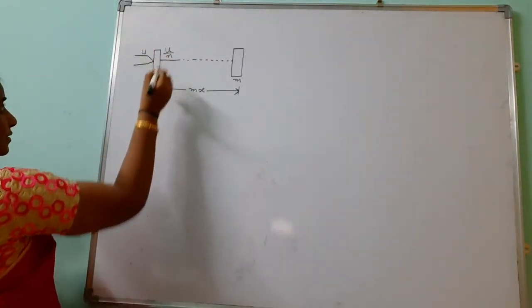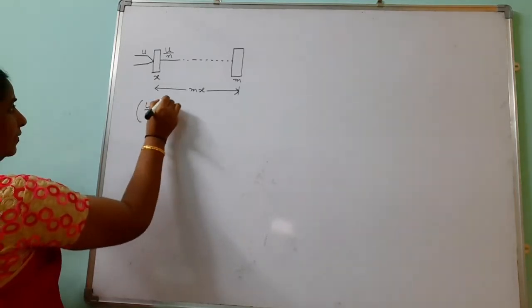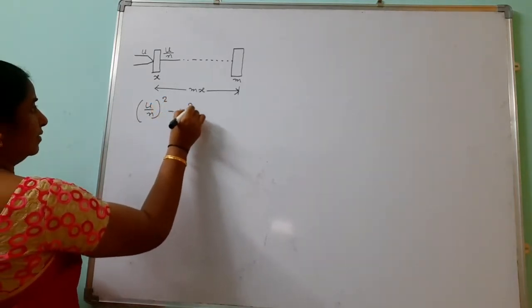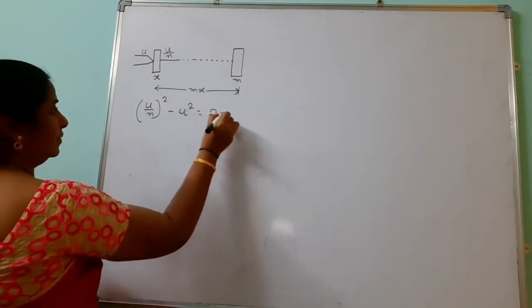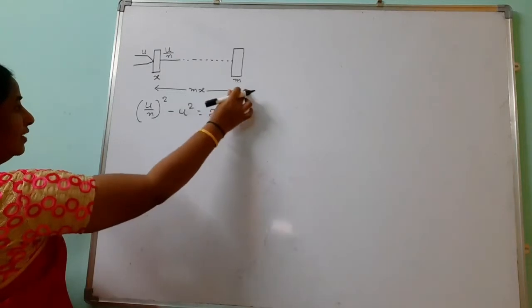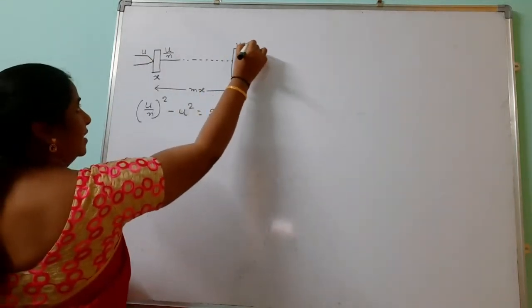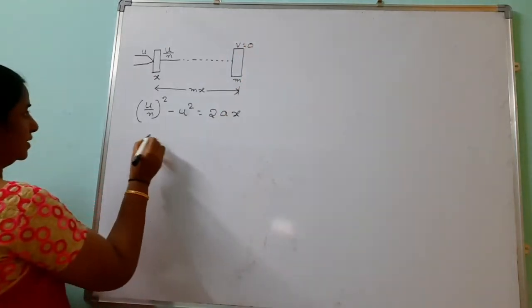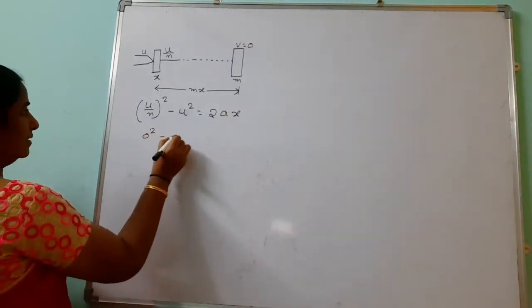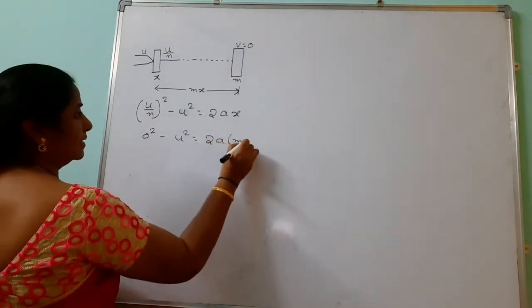Initial velocity is u: (u by n) whole square minus u square equals 2 into acceleration into displacement x. Second, we apply from initial velocity u and final velocity 0 because it stops: 0 square minus u square equals 2 into a into mx.